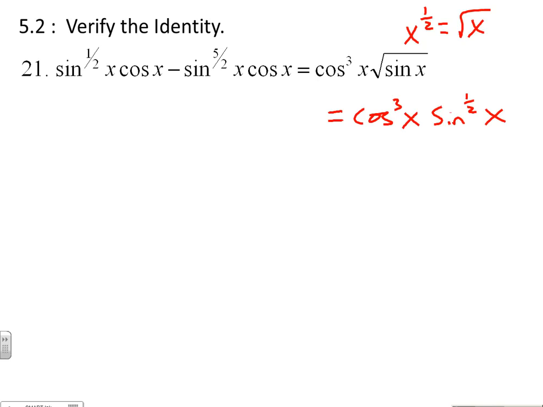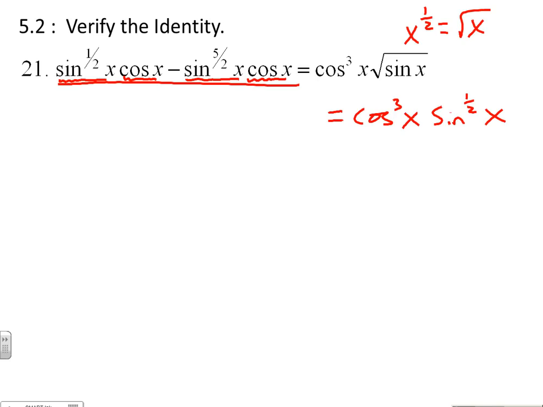The right side has factors of cosine and a half factor of sine. So I would love to get factors of cosine and sine out of this binomial. But clearly, they both have a cosine I could pull out. I could factor out a cosine. They also can each afford a half factor of sine.